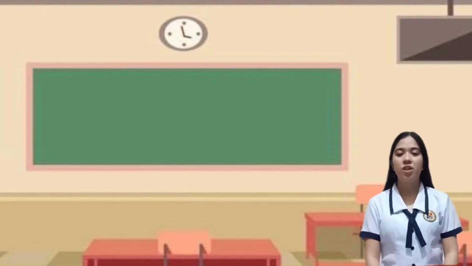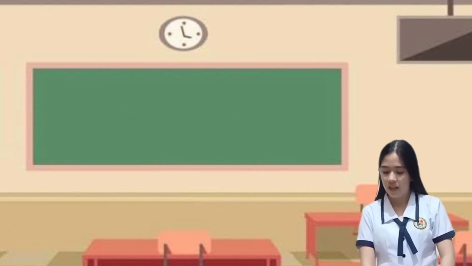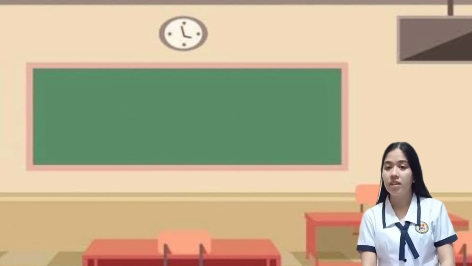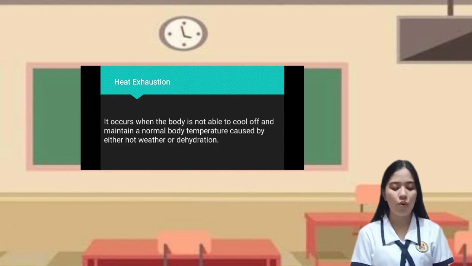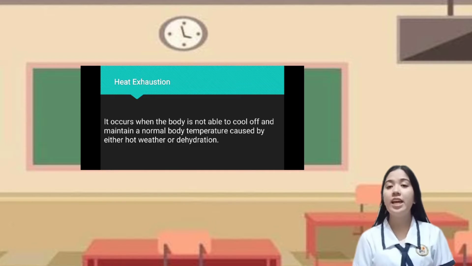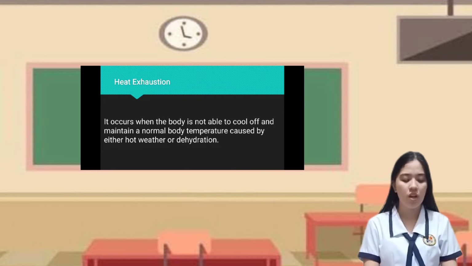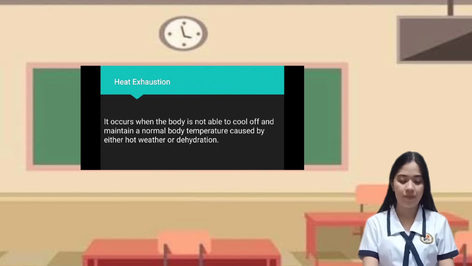So class, who among you has an idea about heat exhaustion? Yes? So heat exhaustion, it occurs when the body is not able to cool off and maintain a normal body temperature caused by either hot weather or dehydration.